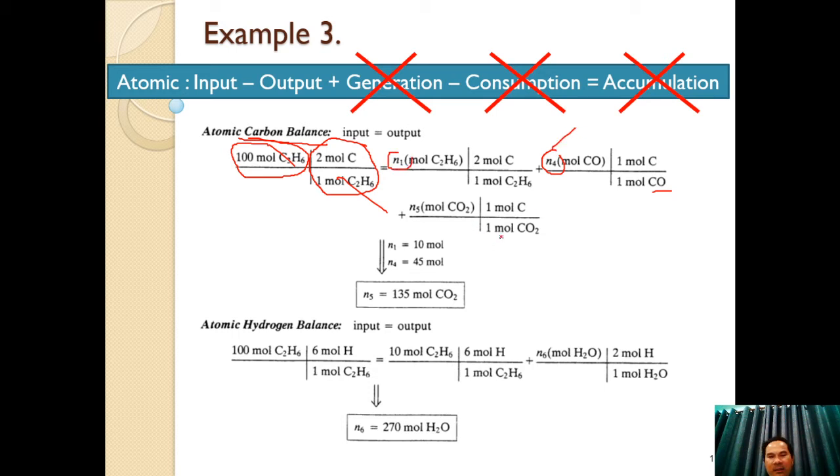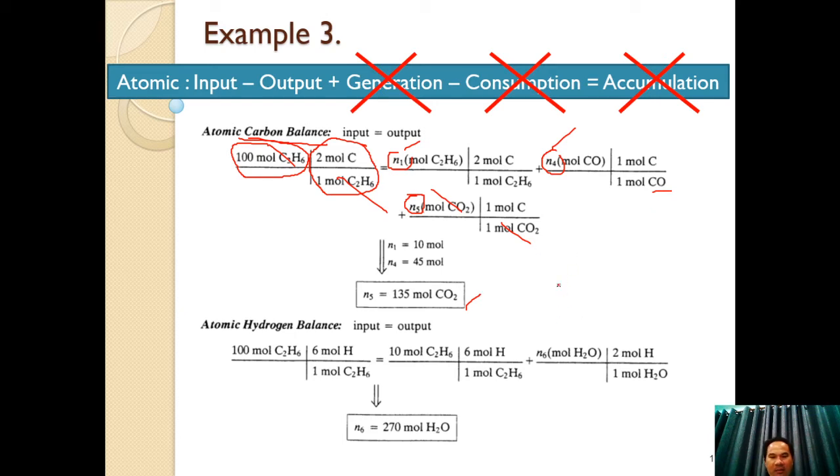The last term is carbon based on CO2. You know, 1 mole CO2 includes 1 mole carbon. But for this case, the N5 mole of CO2, mole CO2 cancels. You get mole of carbon. For this case, you know N1, you know N4 from the previous slide. You can calculate N5 directly. For the carbon balance, you can solve for N5.